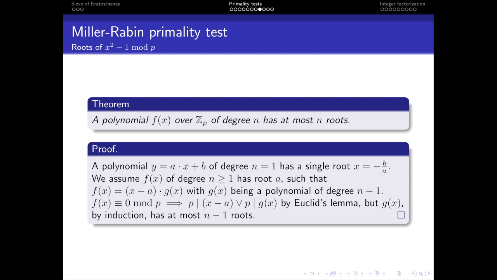Now the solutions of g of x are, again, one root a or b, in this case, whatever we want to call it, and then another polynomial h of x, which is of degree n minus 2. And by induction, we can then say that because we are trying to find the roots of this polynomial modulo p, that p divides either x minus a or g of x, and because g of x has at most n minus 1 roots and a is 1 root, we have at most n roots.